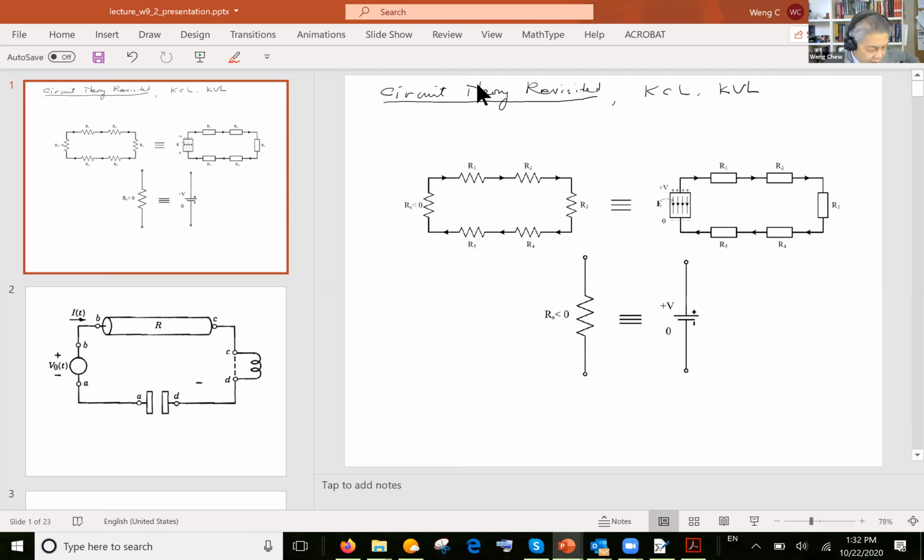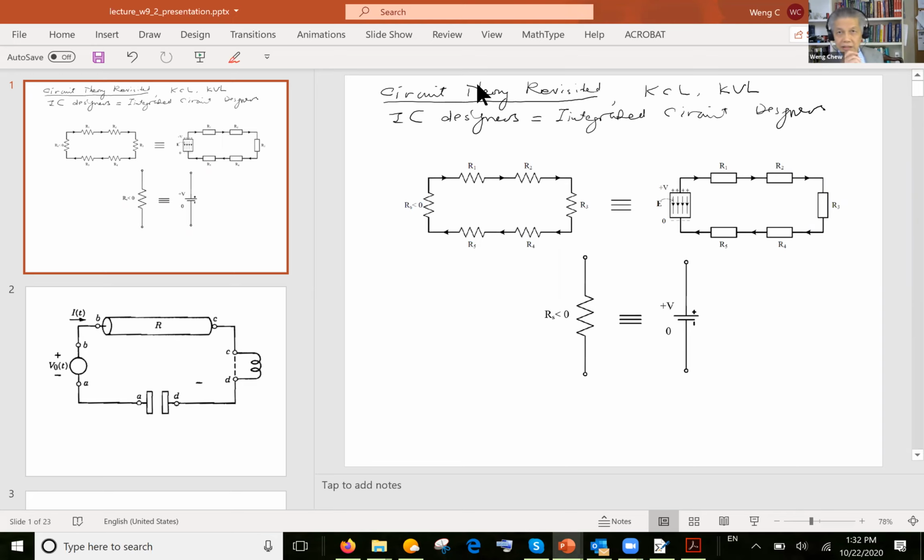And hence, the whole microchip industry is actually fueled by circuit theory, IC designers. This is integrated circuit designers.